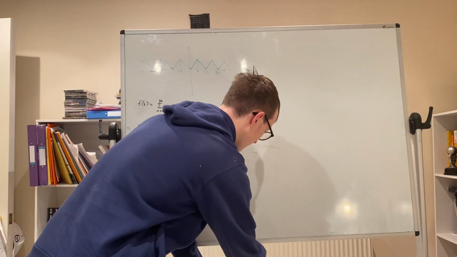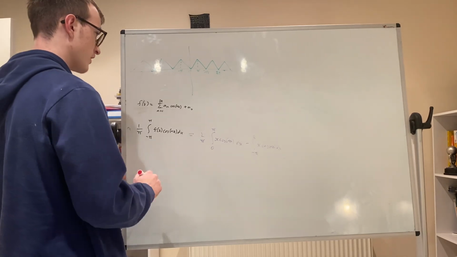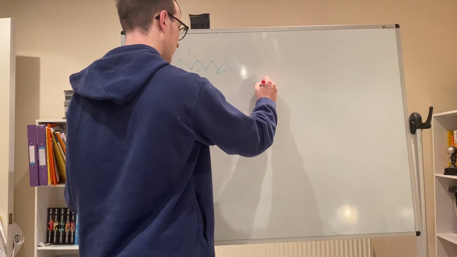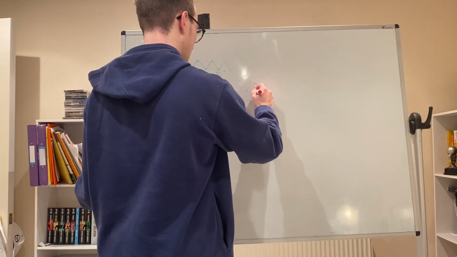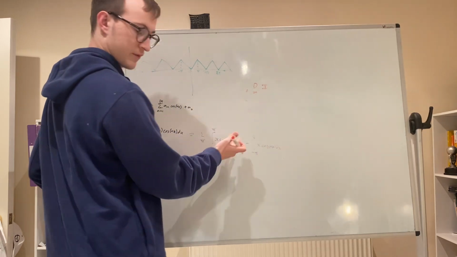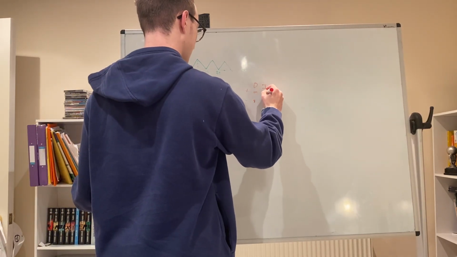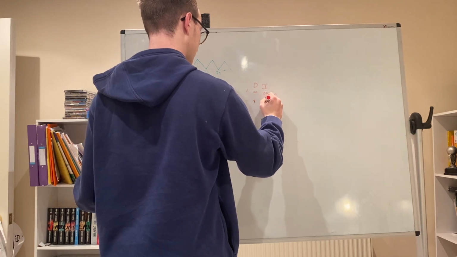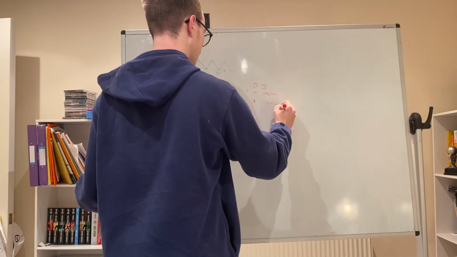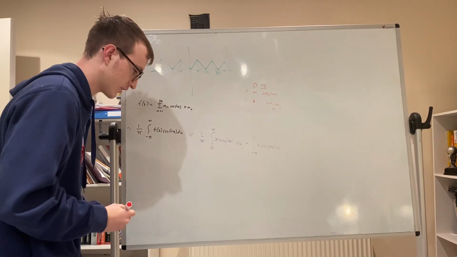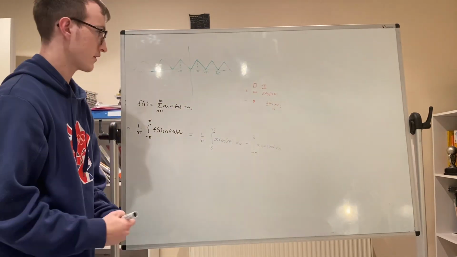Now we can integrate this. If we use integration by parts, we differentiate x to get rid of the x, so that goes to 1, and we integrate cosine of nx, so cosine nx goes to sine of nx over n. I'm realizing now that all of my pens are basically dying, so I'm just going to stick to black for now.